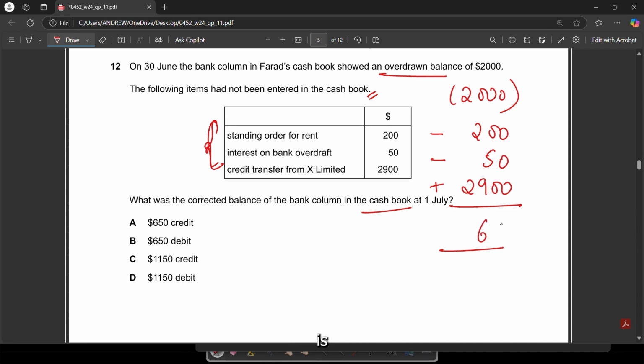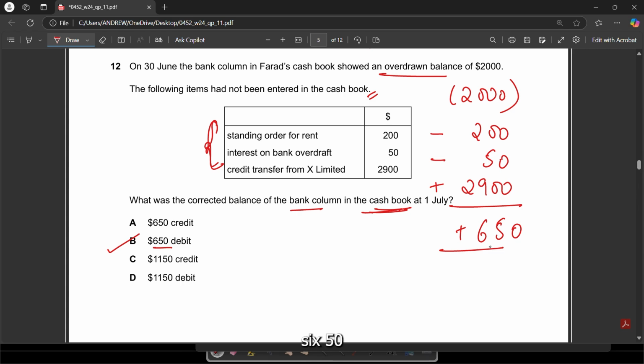So the question is, what was the correct balance of the bank column in the cash book? As of now we are having a positive 650. So always remember, the bank column has a debit balance. So that's the reason 650 debit would be the right answer.